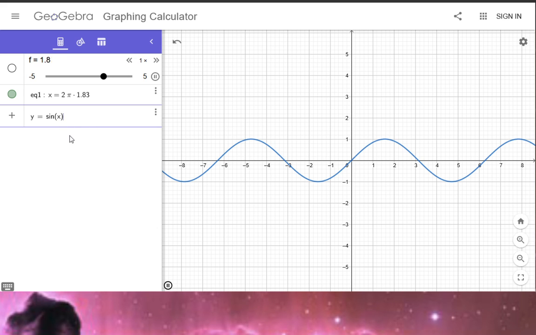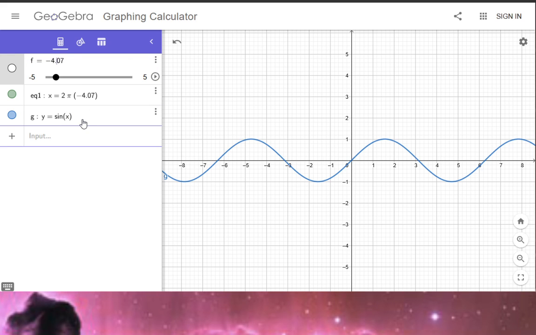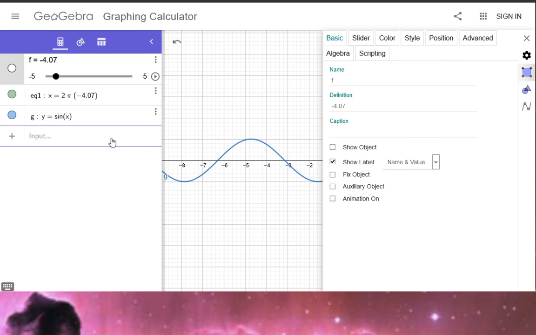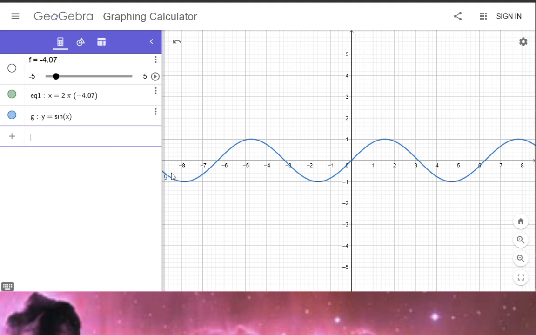Okay, why isn't it changing this value though? It changes the value here.